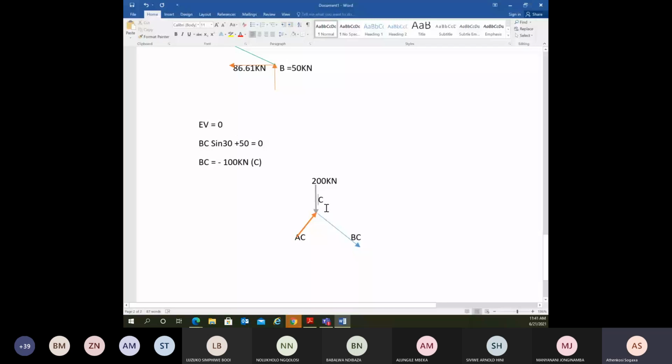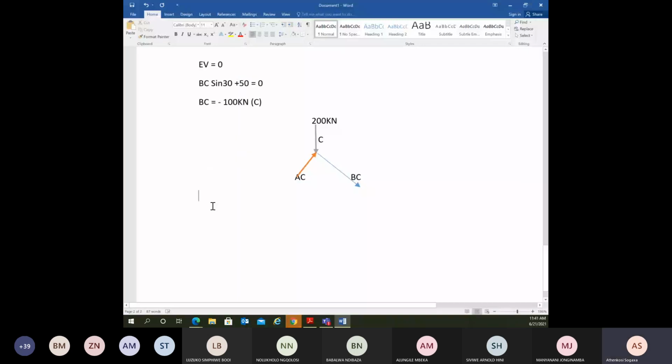When you're resolving using the point here, you'll then still say sum of verticals is equal to 0. Now, I'm adding my verticals. Here is 200 pushing downwards, which is to a negative direction. That is negative 200.